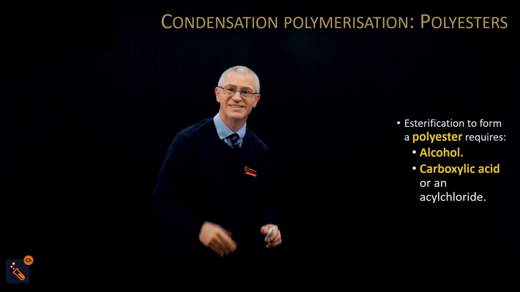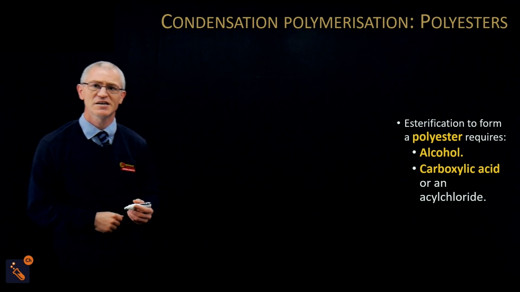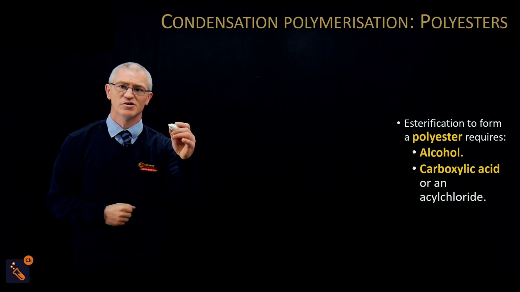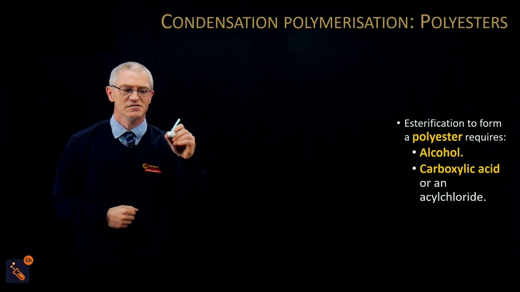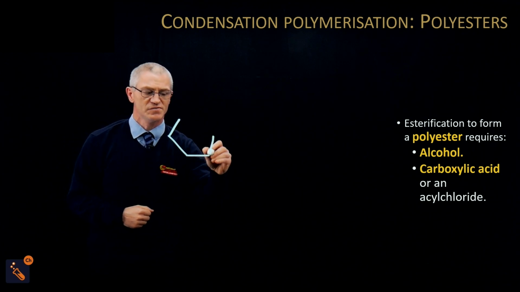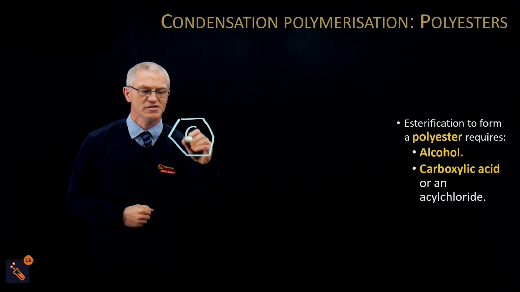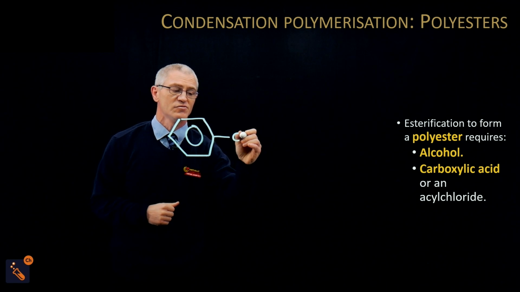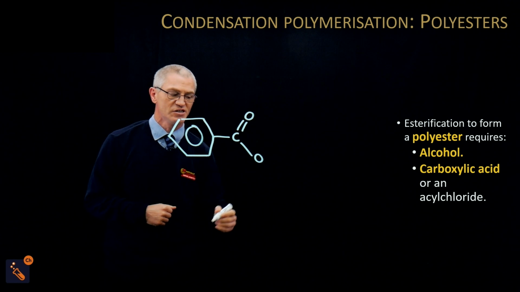So our example for today is terylene. And terylene involves a dicarboxylic acid. And this is very, very common when you're making esters. So let's just draw, first of all, the dicarboxylic acid, which is benzene at its heart. And we're going to draw out all the atoms here just to make it really obvious.